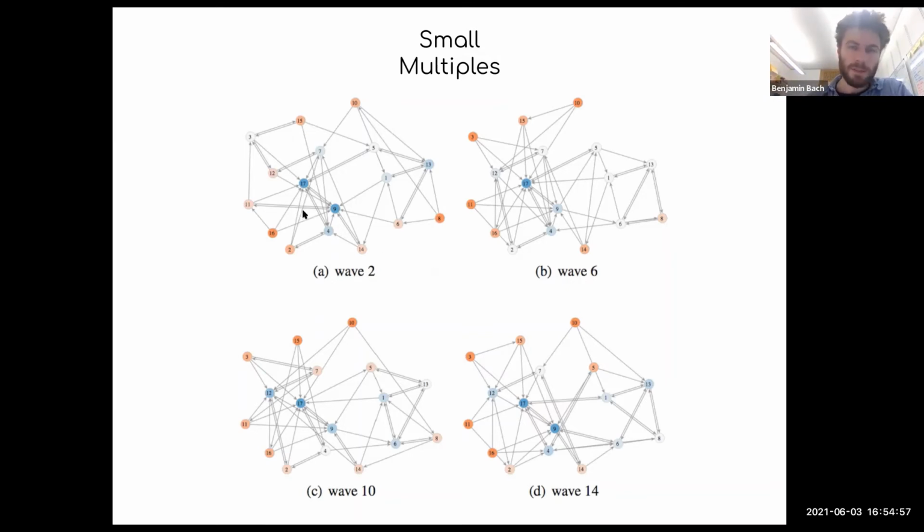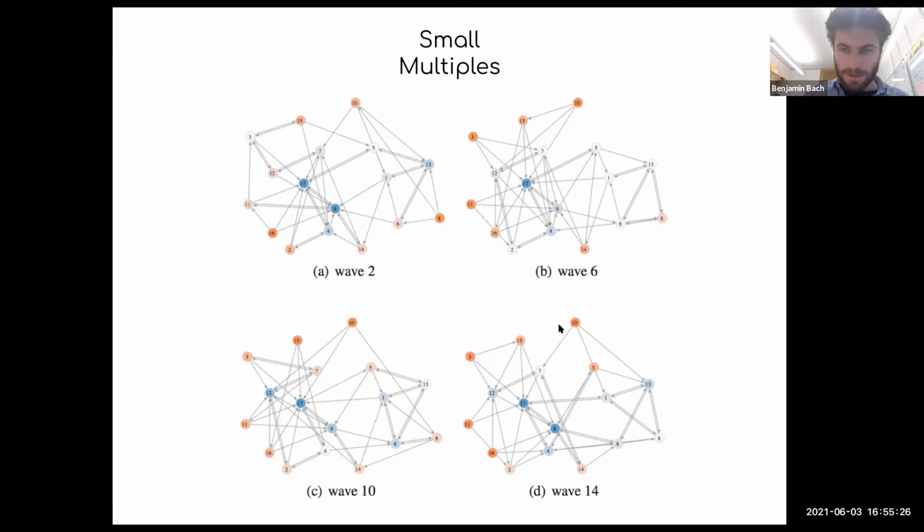So let's say this is a network of friends in school. This is week 2, this is week 3, week 6, week 10, week 14, and so on. You have one network at each time. And then you can see that node 17 is always a very central node, but node 10 is always here. Then you can make your comparisons and look at the topology at each time step.